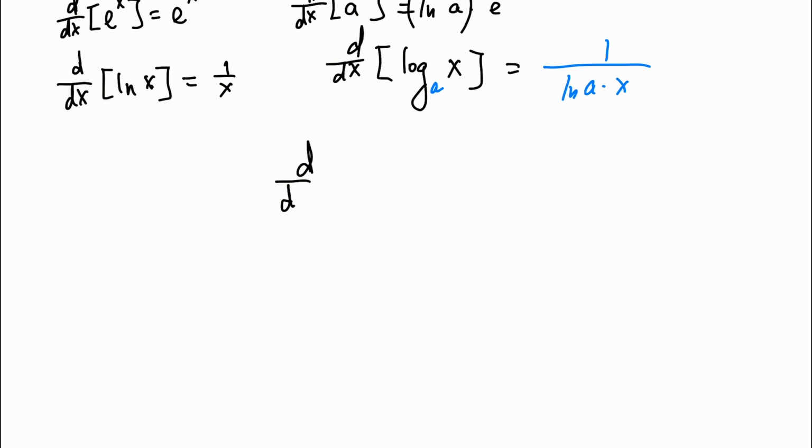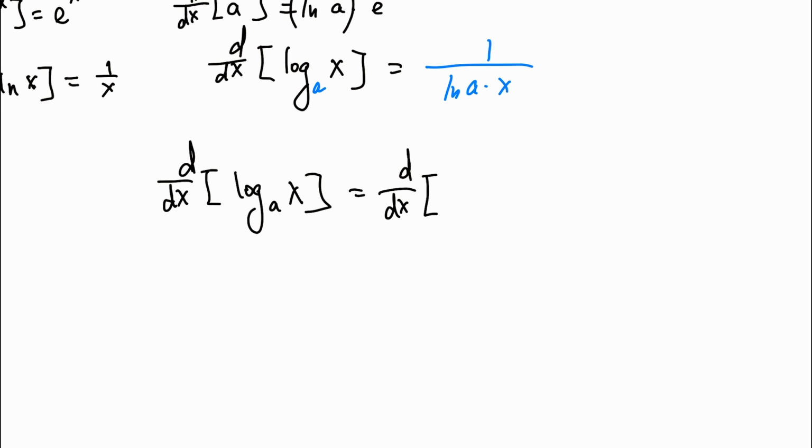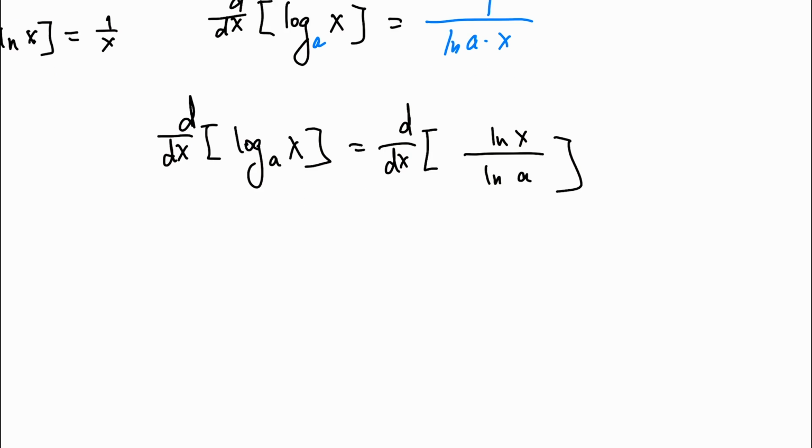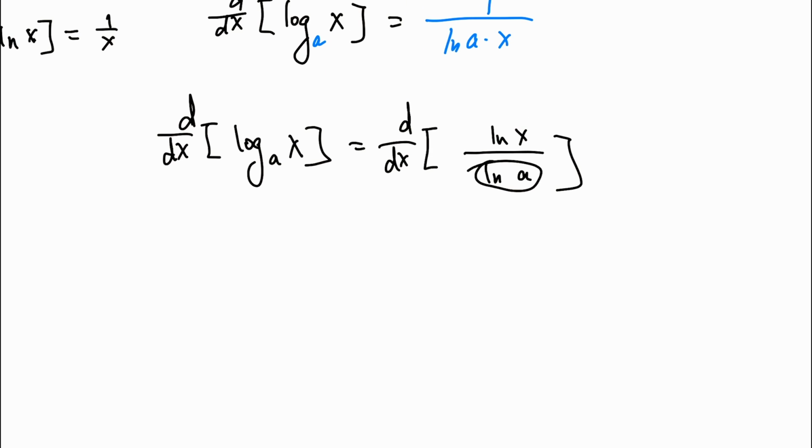That would be the derivative of this thing, which is what we want, and using the change of base inside the differentiation sign, that would be equal to ln of x over ln of a. So we change it into base e, because we know what we are dealing with when we are doing base e. And because that ln a doesn't include x, it is just a constant multiple.